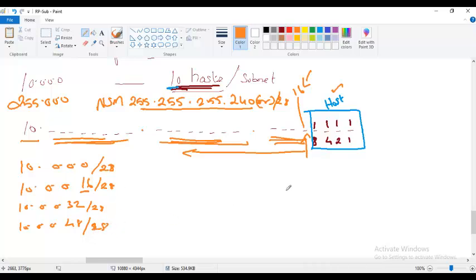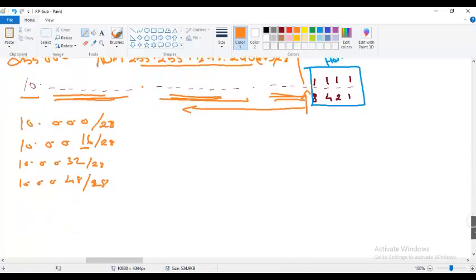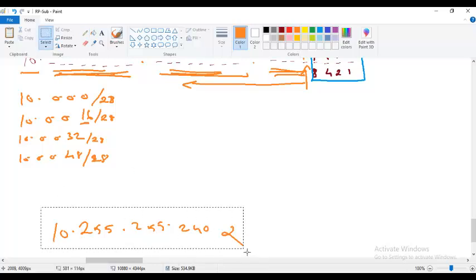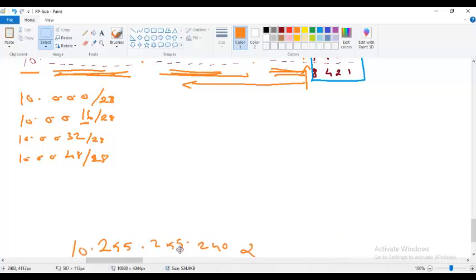You will have thousands of subnets. Write first 4 and last 4. What will be the last 4? 10 dot, all the bits turned on, so 255 and 255 and 240. But we don't use this, isn't it? So if you go from down to top, you should decrement 16.